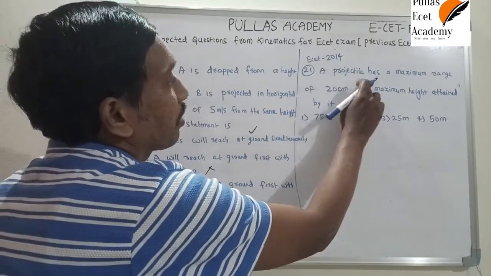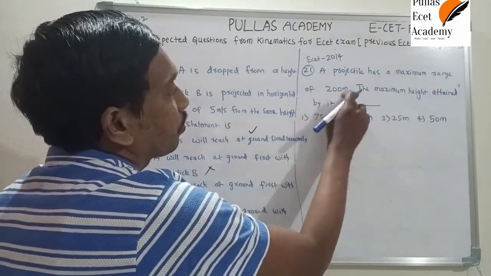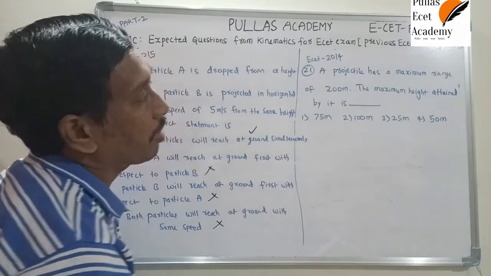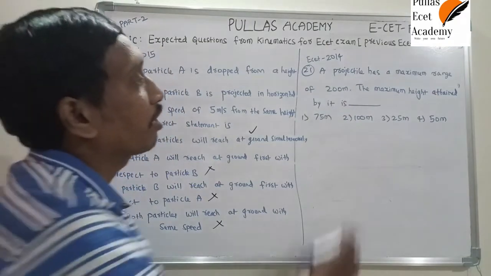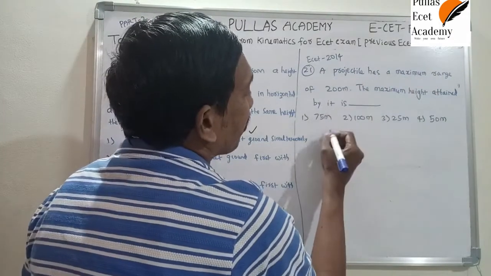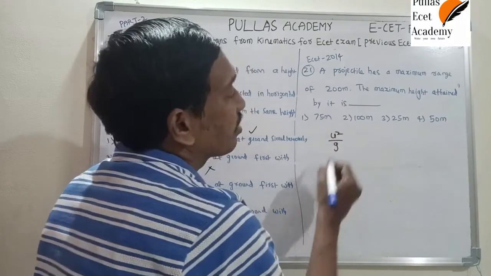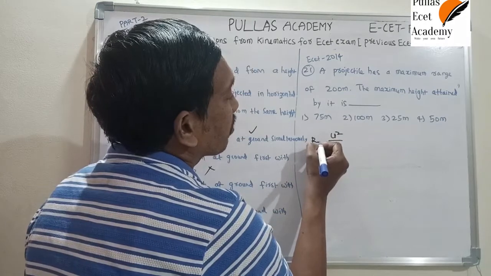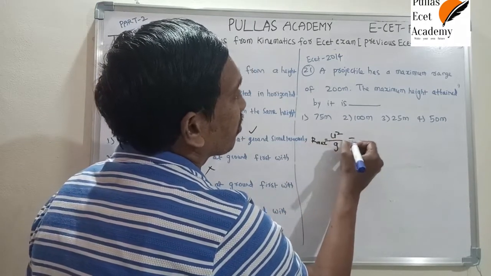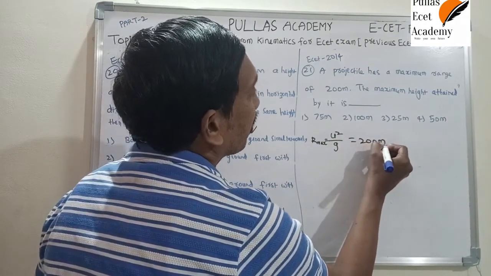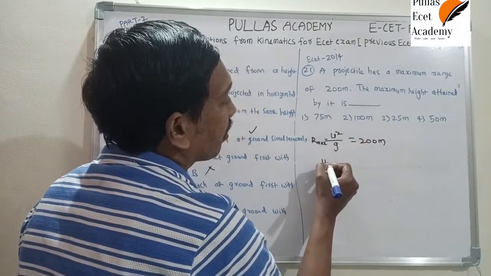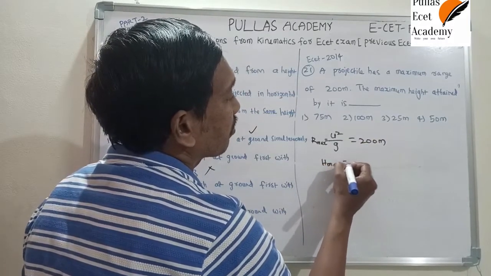A projectile has a maximum range of 200 meter. The maximum height attained by it. Okay, now maximum range is given. Maximum range means what? Given value u square by g is the maximum range formula. R maximum is equal to u square by g, that is given as 200 meter. Maximum height is asked here.